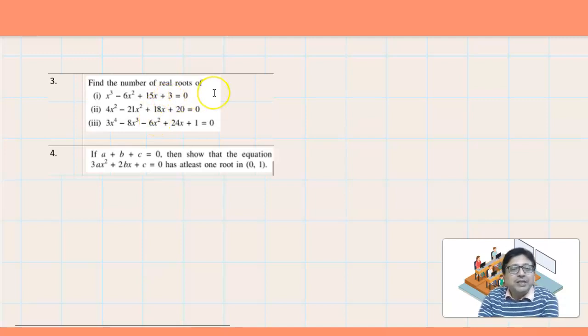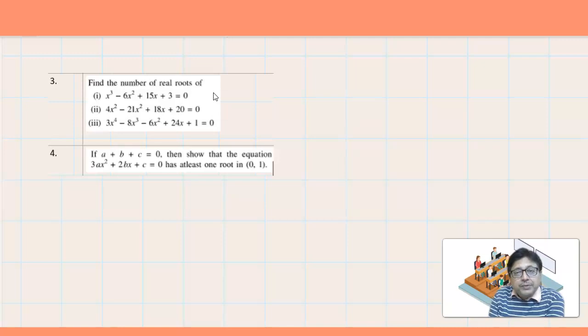So let us start with the easiest one. Find the number of real roots of the equation x cube minus 6x square plus 15x plus 3 equal to 0. So I'll just remind you the concept once more, that between two successive zeros of f(x), there is a zero of f'(x).